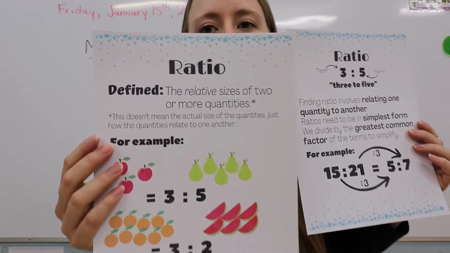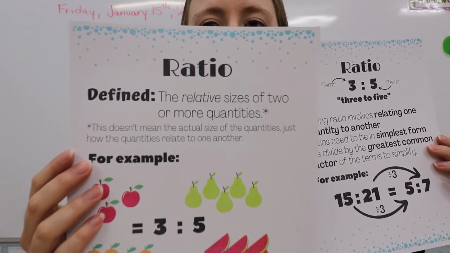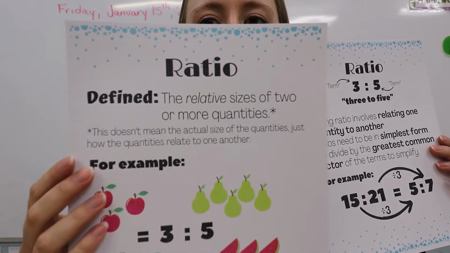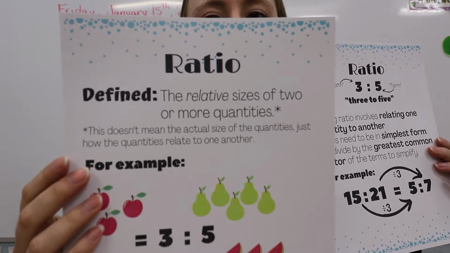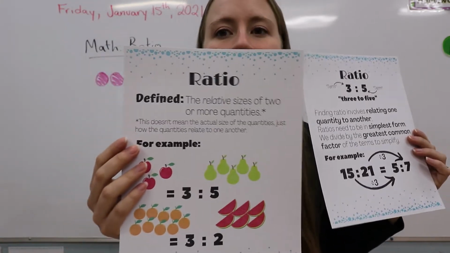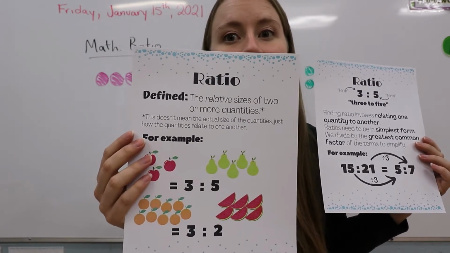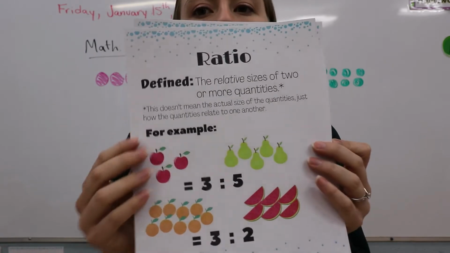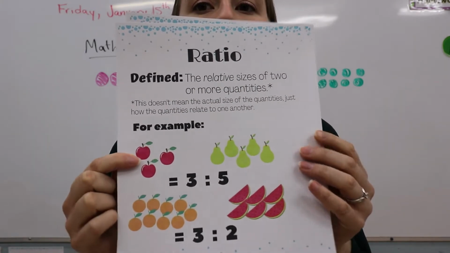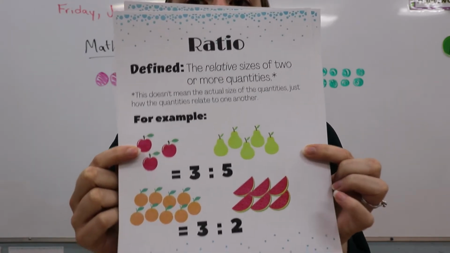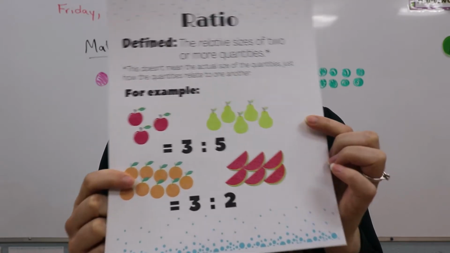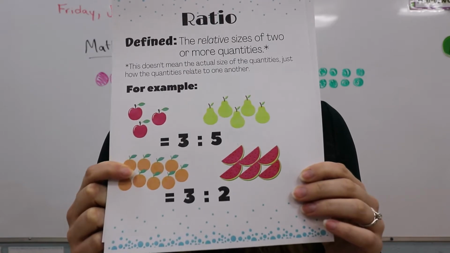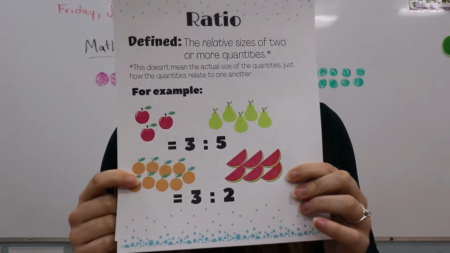So ratio is the relative sizes of two or more quantities. Okay, that's what it means. So it's not always going to be the actual numbers, right? It's just relative to each other, which is why you see this: the ratio of apples to pears is 3 to 2, and the ratio of oranges to watermelons is also 3 to 2, even though there's 6 watermelons and 9 oranges.